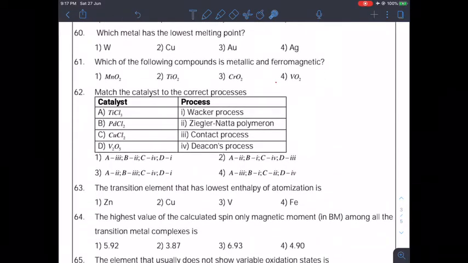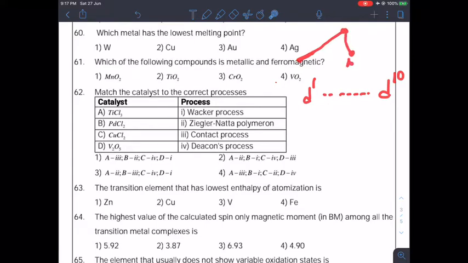Which metal has the lowest melting point out of these? If you remember, when we move from D1 to D10, the melting point first increases up to chromium, then there is a decrease at Mn, and once again there is an increase at iron, and thereafter it gradually decreases.